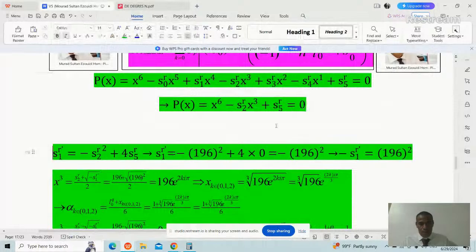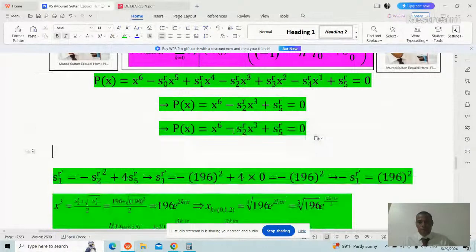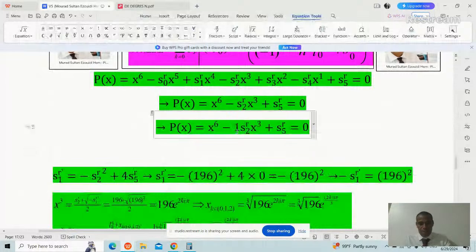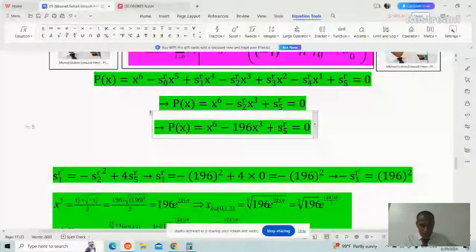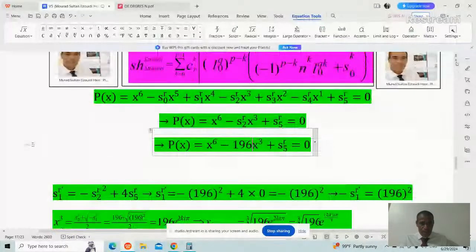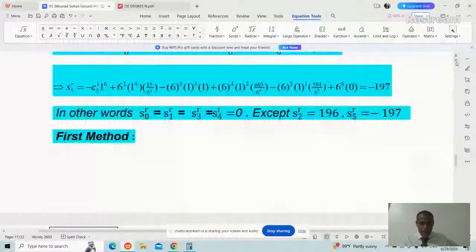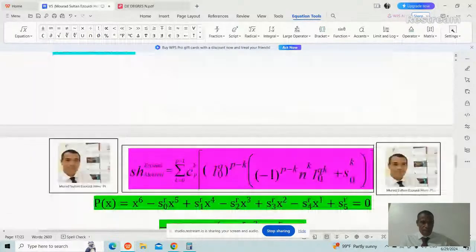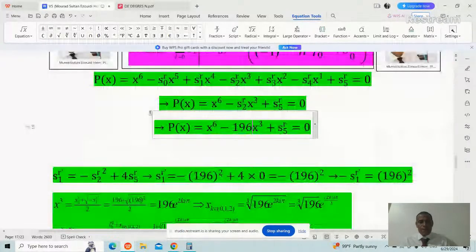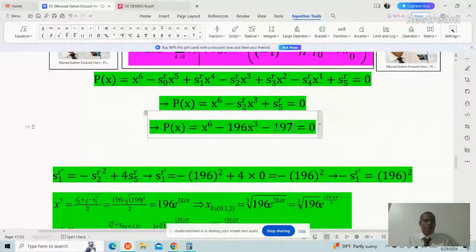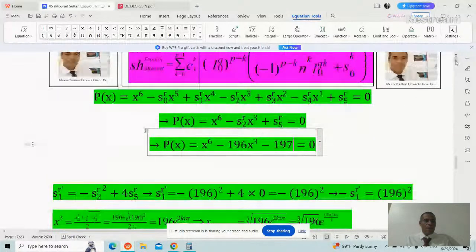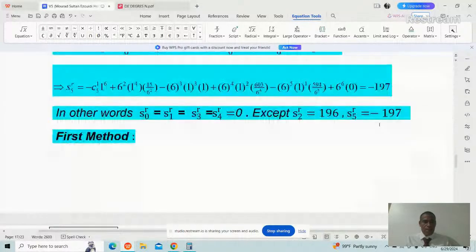Therefore, this is negative 196, and S2 is 196, so plus means here minus 197, equals 0. S5 is negative 197.